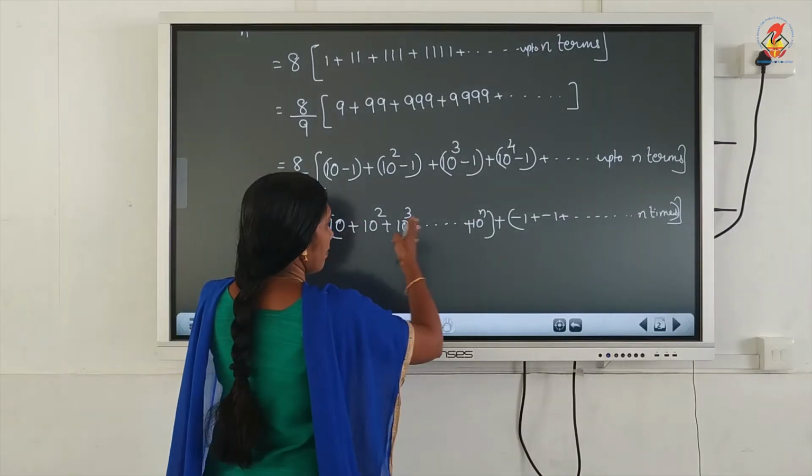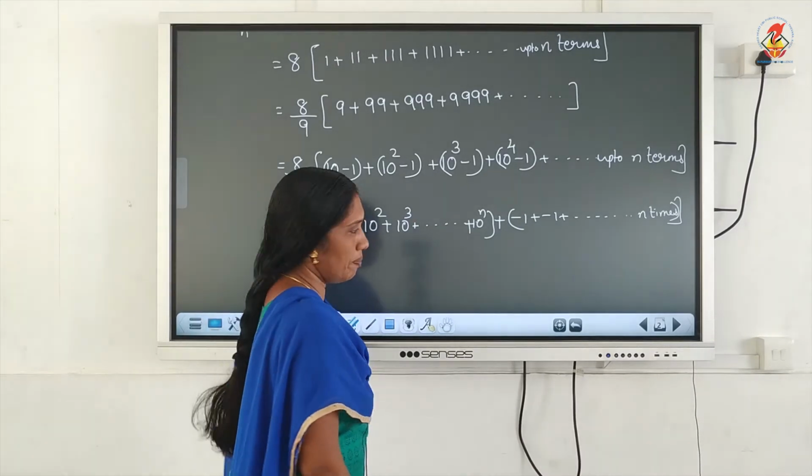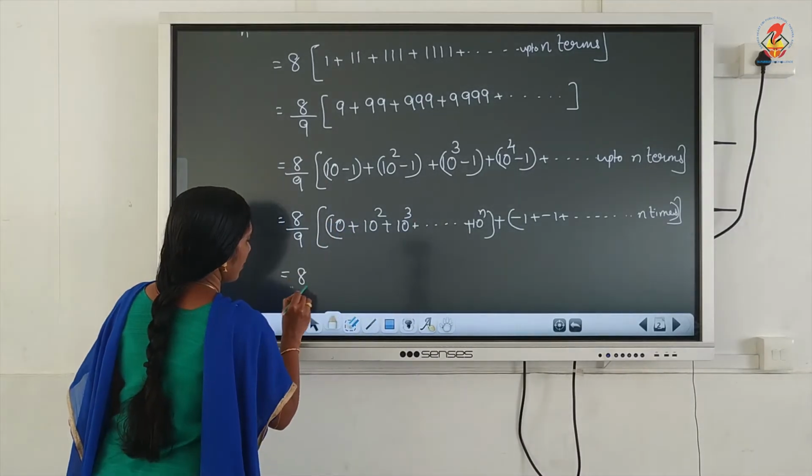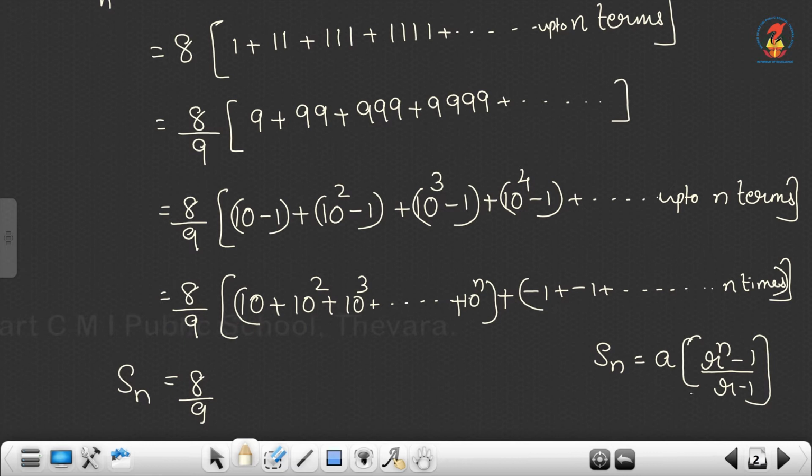So can we get the sum of this first bracket? Sum to n terms of GP. So we can use the formula. So left side here we have Sn and this is a GP. Sum to n terms of GP A into, here the common ratio is R. So we can use the formula R raised to n minus 1 by R minus 1. Okay. So the first bracket is 10 into 10 raised to n minus 1 by 10 minus 1.